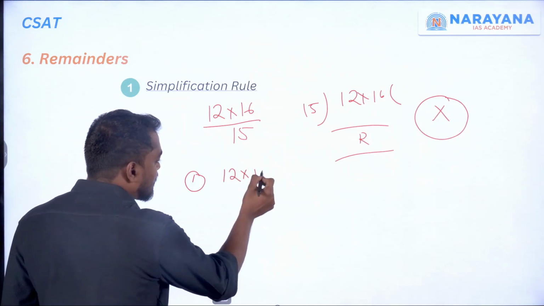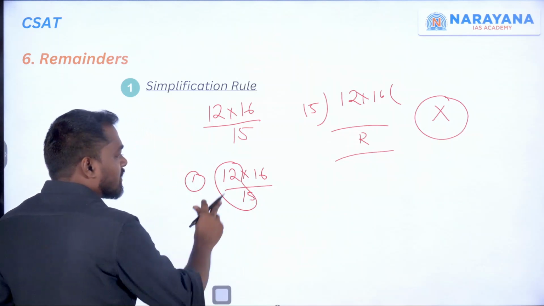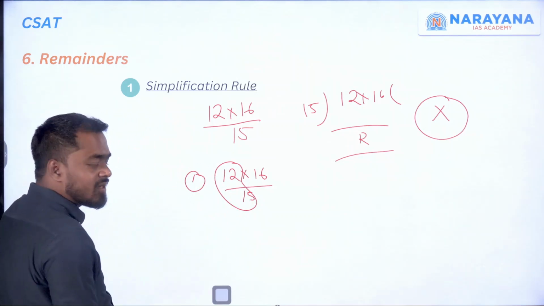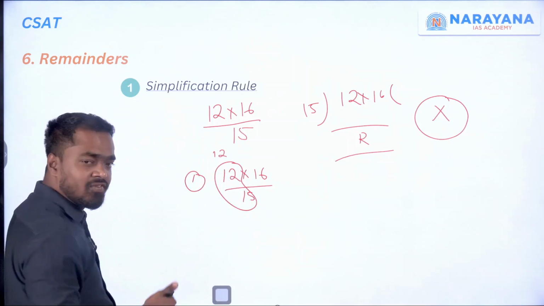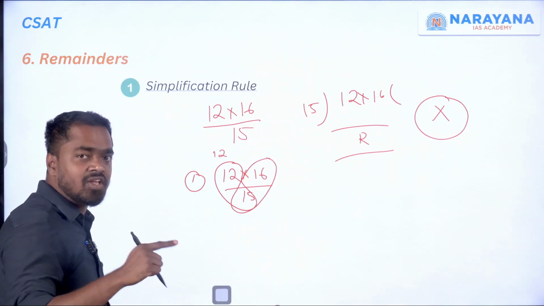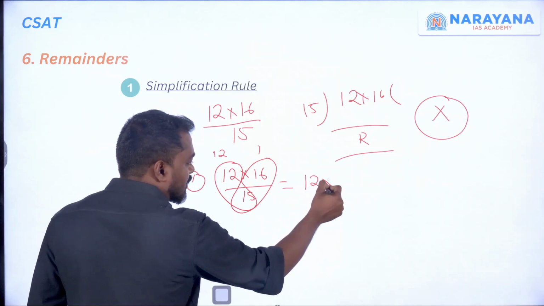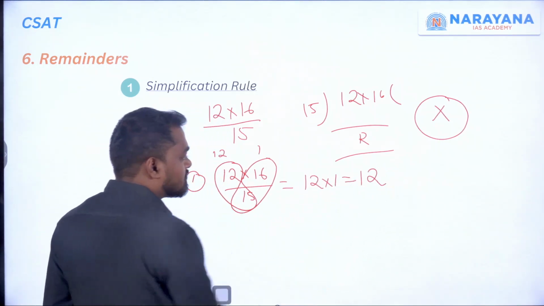Take the individual divisions. So what is the remainder of 12 by 15? 12 is the remainder, 15 zeros are 0. Next, 16 by 15, what is the remainder? 15 ones are 15, 1 is your remainder. So your remainder will be 12 into 1, that is 12.